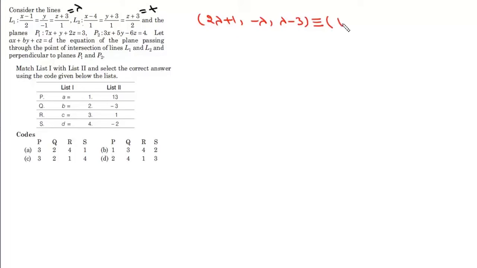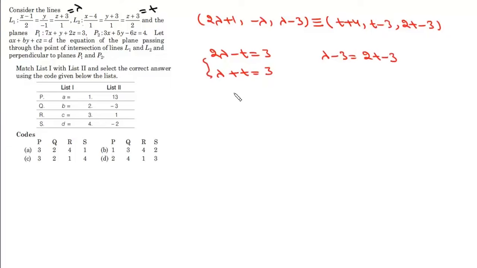So it will be t plus 4, t minus 3 and 2t minus 3. Now if we compare it, we can write 2 lambda minus t equal to 3, and then lambda plus t is also 3, and then we have lambda minus 3 equals 2t minus 3.